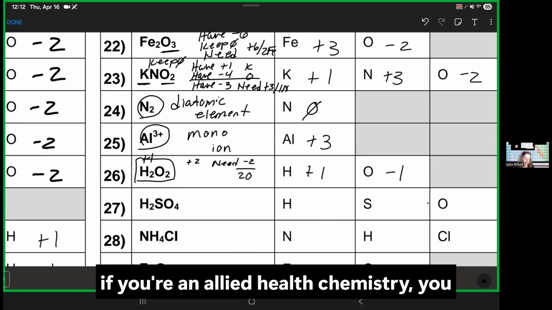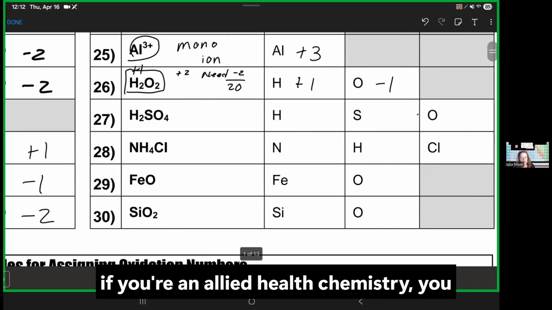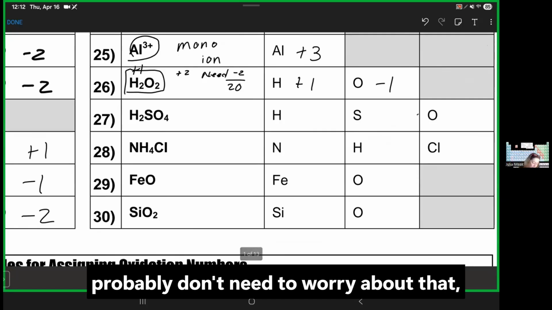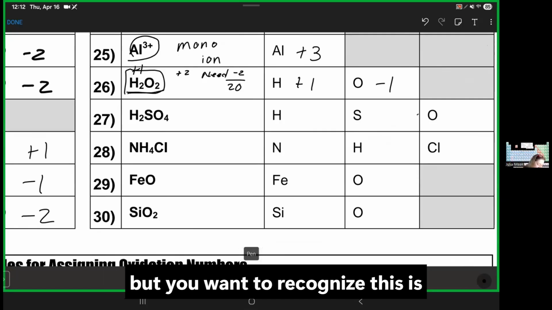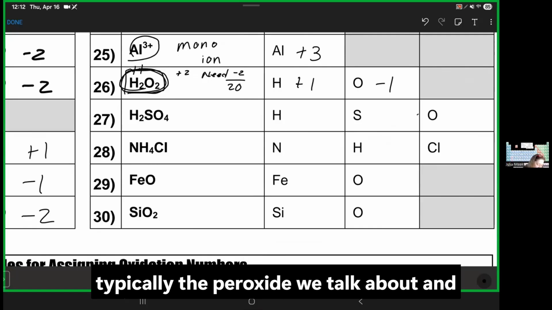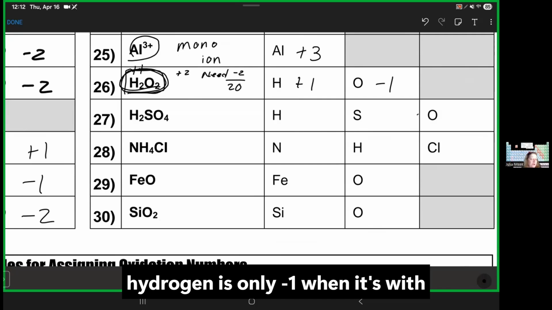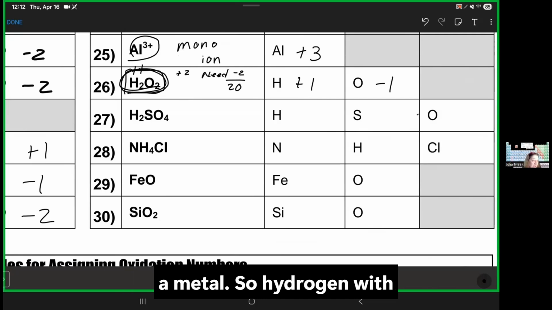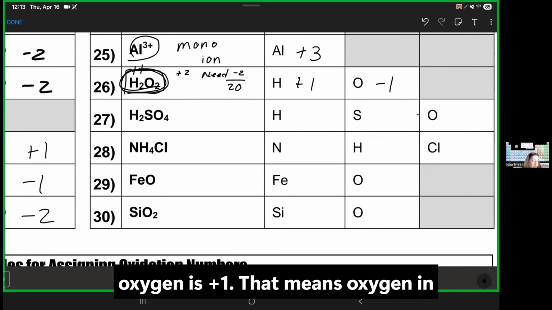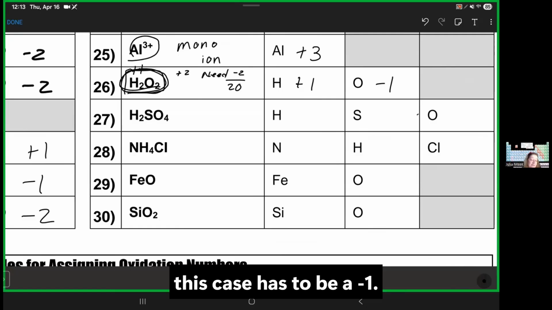And again, if you're in allied health chemistry, you probably don't need to worry about that. But you want to recognize this is typically the peroxide we talk about. And hydrogen is only -1 when it's with a metal. So hydrogen with oxygen is +1. That means oxygen in this case has to be a -1.